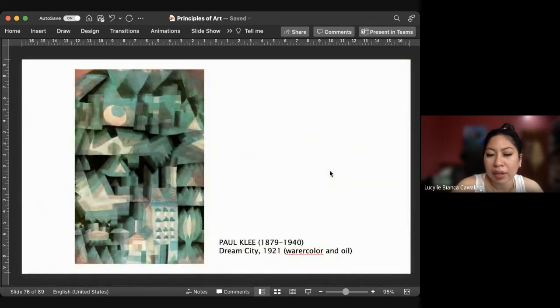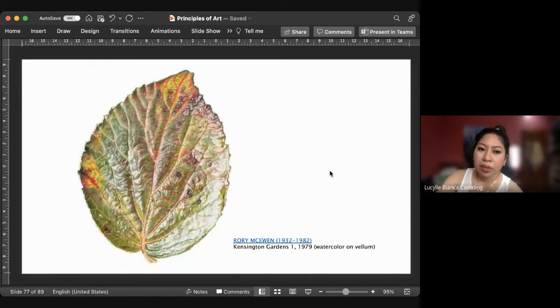And then another one, this one by Paul Klee. The shapes also give out a sense of pattern. And this one, a natural pattern, or the greatest by nature, is a leaf.